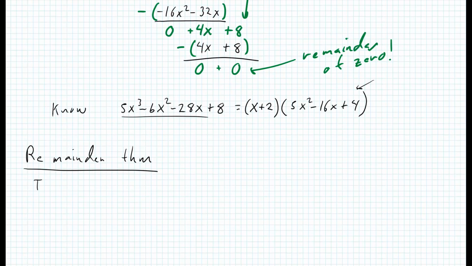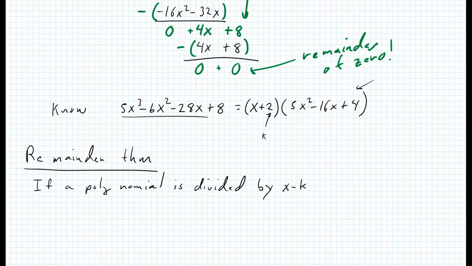If a polynomial is divided by x minus k, so x minus some number, right? Like up here in this problem we just did, k would be 2.